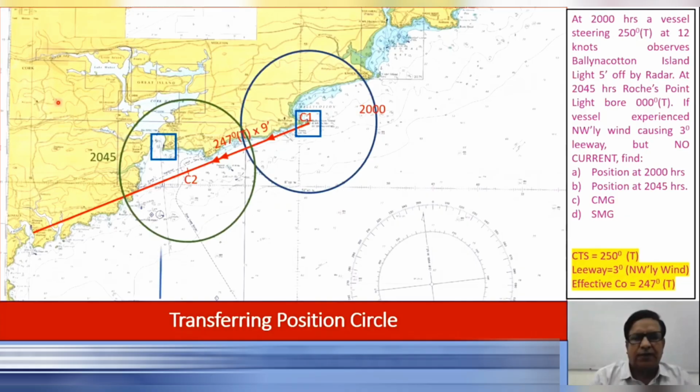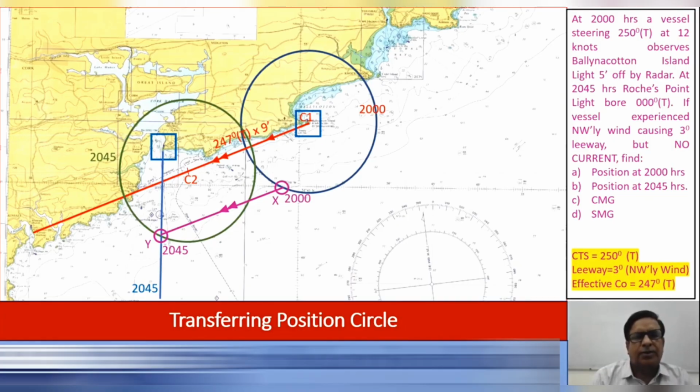Now we draw the 2045 PL. This is the 2045 PL, where the two intersect here. It is the position point Y. It is the position at 2045. Now we transfer C1 C2 both in direction and magnitude through Y, and where it cuts the 2000 hour position circle, this point X is the position of the vessel at 2000 hours.